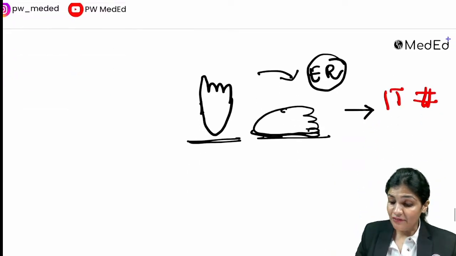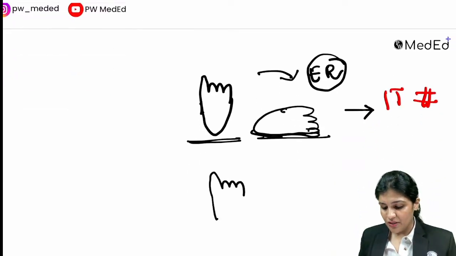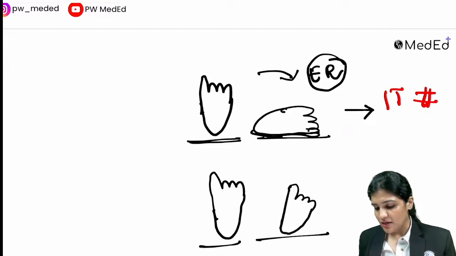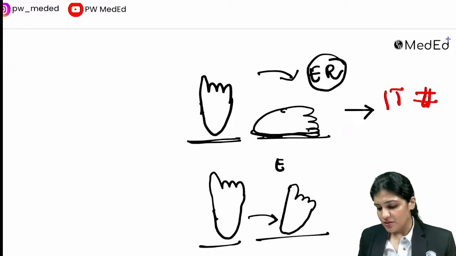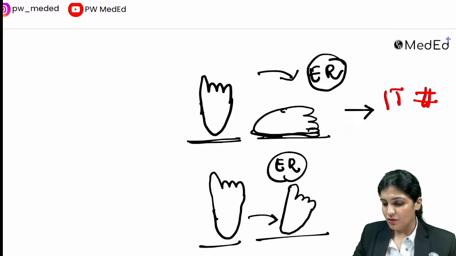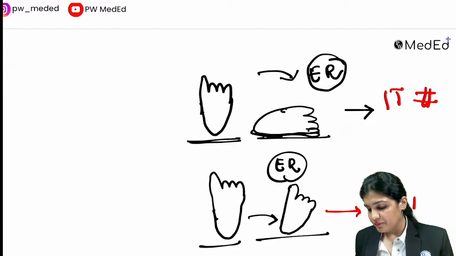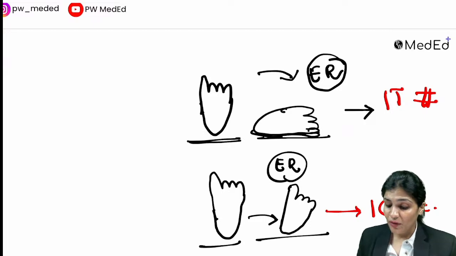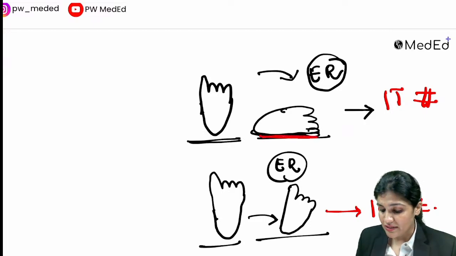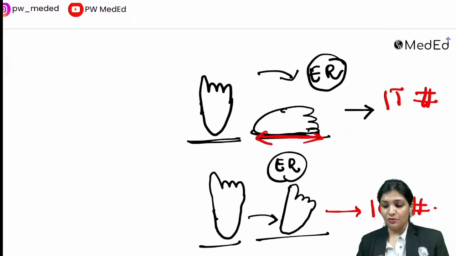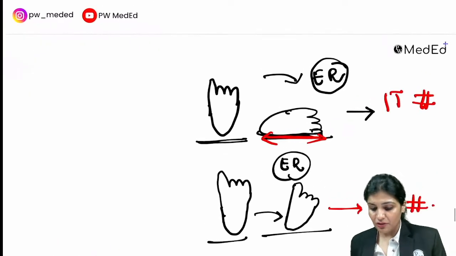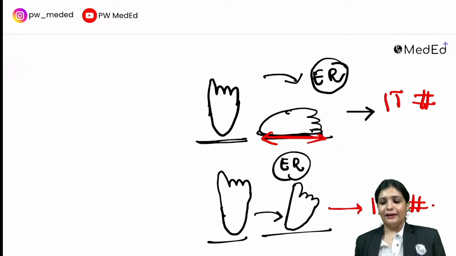If it is an IC fracture, you see this foot, but it is not completely externally rotated. It is somewhere in between. This is the amount of external rotation you see in case of your IC fracture. So IC is externally rotated, but when you see couch touching external rotation, that is IT fracture, and in case of IT fracture and IC fracture, the complication is related to the unions.